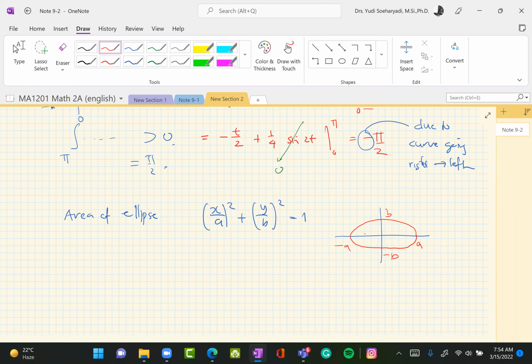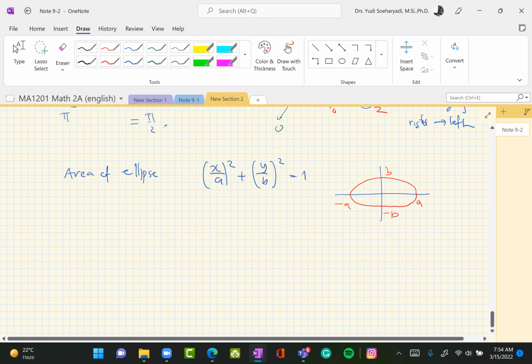All right, so let's just compute the upper half. Now the area of an ellipse is just twice this.